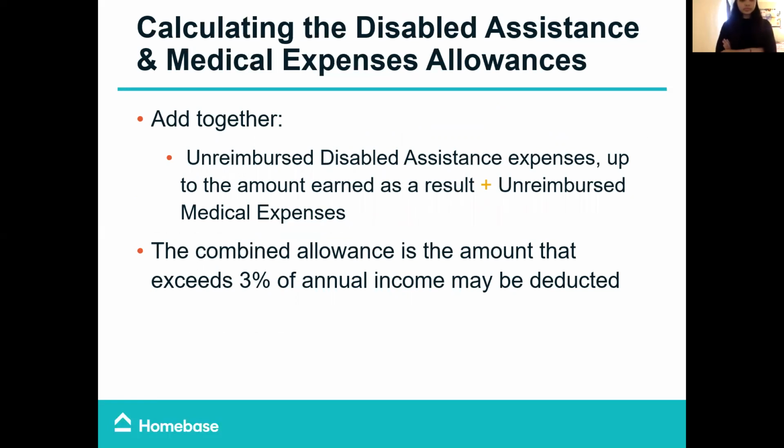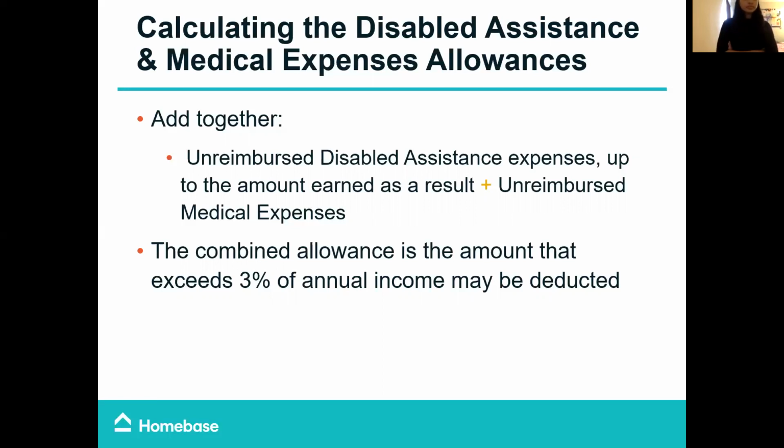And HUD says the amount of the allowance is the amount of the unreimbursed disabled assistance expenses that you looked at in the first allowance, capped at the amount that is earned as a result of that disabled assistance, right?